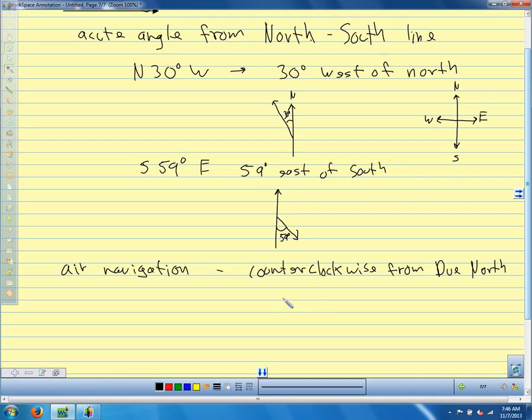That would mean from due north, you're heading off in this direction. So for air navigation, you're always measuring counterclockwise from due north, and north is 0. Some of the problems will give you angles in bearing. I just want to make sure you understand what they're talking about.